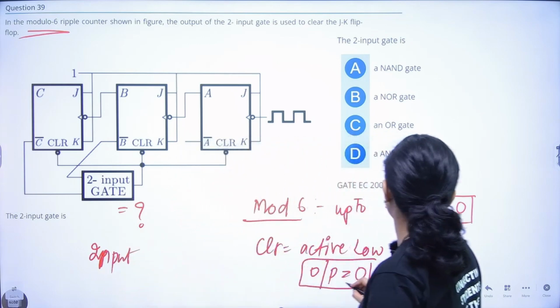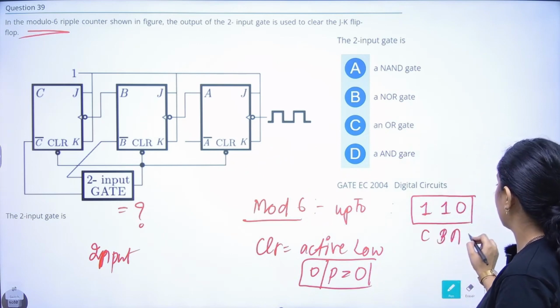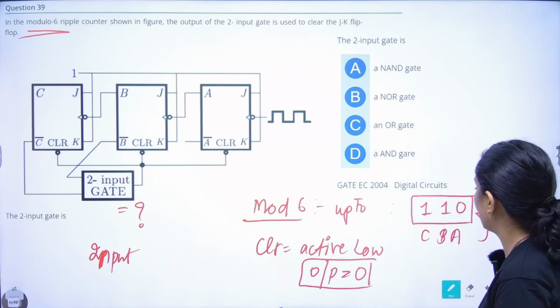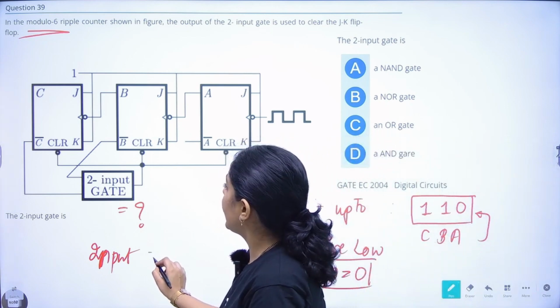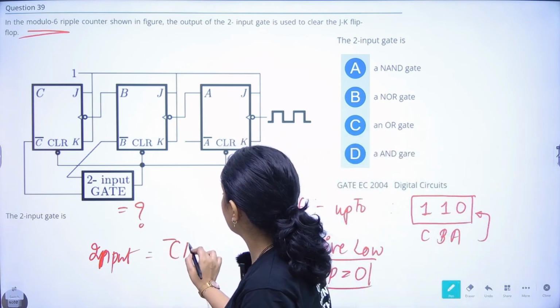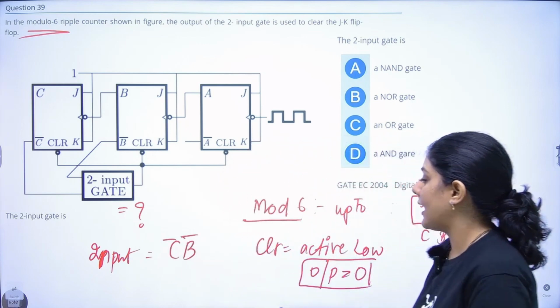These values are 110 as C, B, A. So this value should be 110 because C is your MSB. So the input to this gate is C bar, B bar, that's it. A does not matter at all.